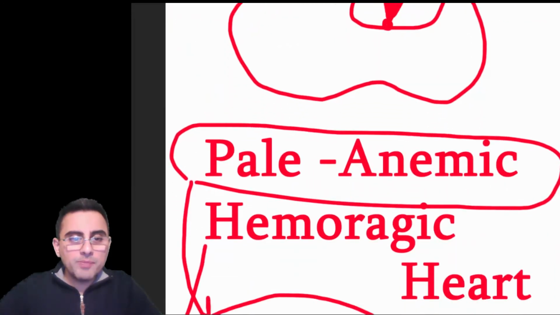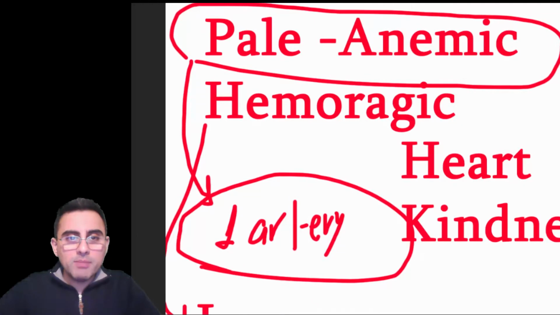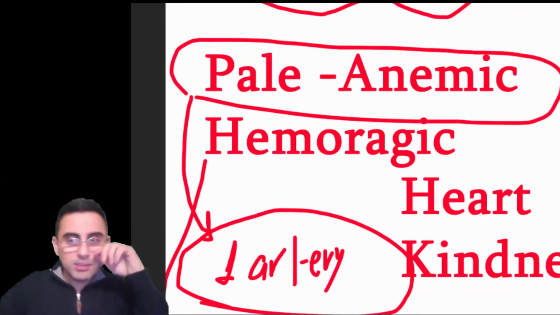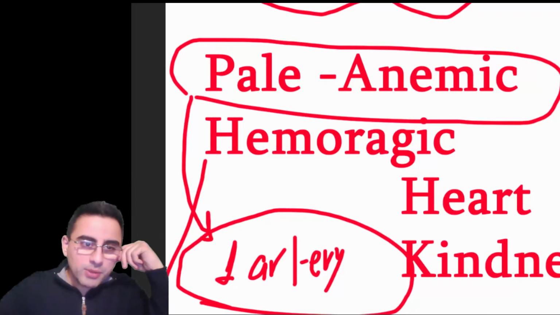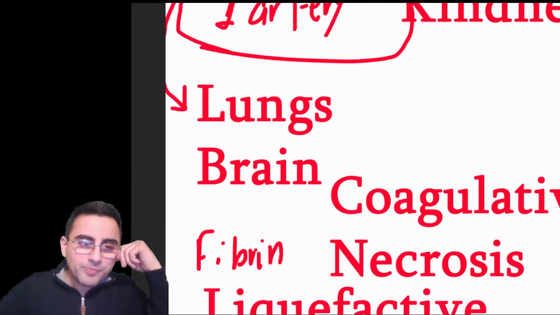Most infarctions are wedge-shaped. Infarction may be pale, anemic, or hemorrhagic. It depends on blood supply. If it has a single artery blood supply, it will be pale. If there are collaterals, in this case it will be hemorrhagic.